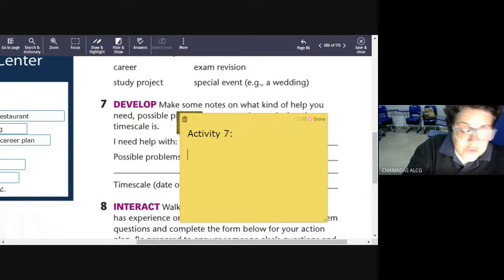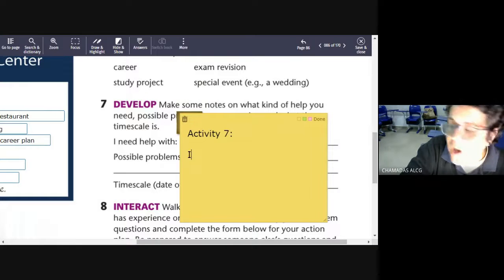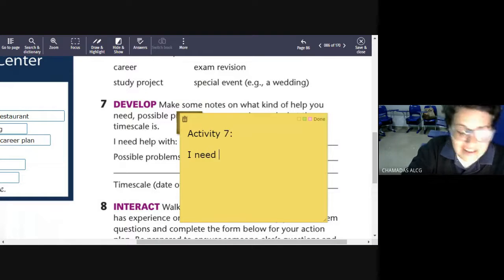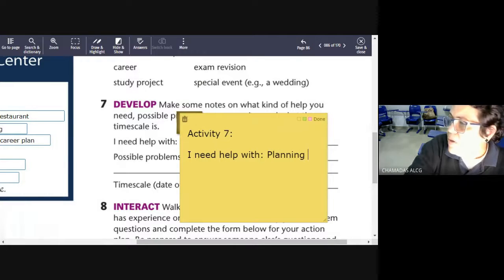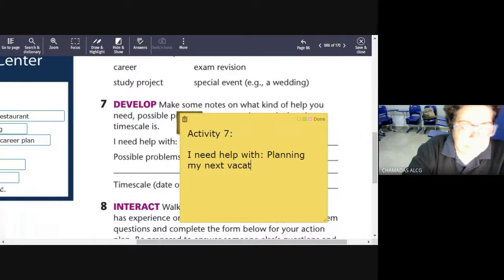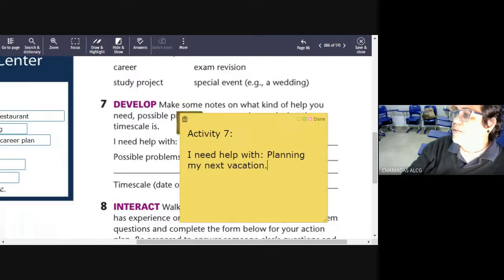So let's say, first of all, I need help with, and then here we could put planning my next vacation. Okay, so that will be in December. Okay, all right, the holidays.